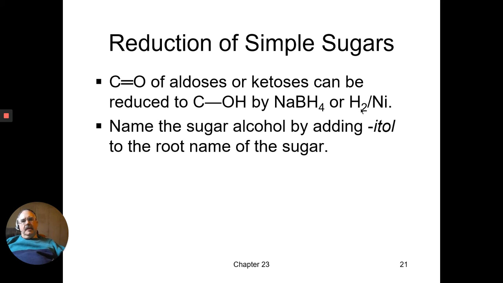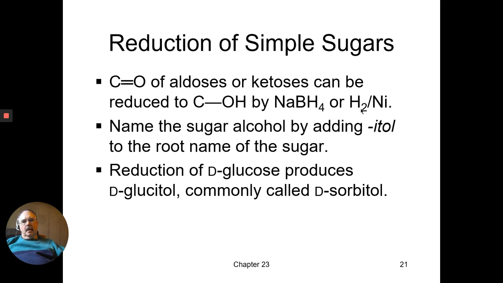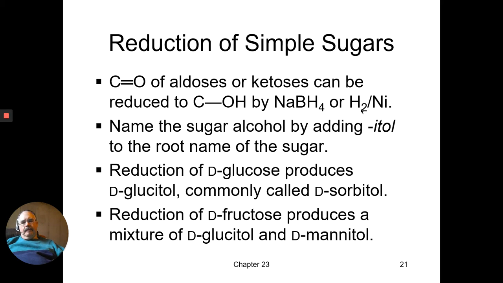For the resulting product, we name the sugar alcohol by adding -itol to the root name for the sugar. Reduction of D-glucose produces D-glucitol, which is more commonly known as D-sorbitol. Reduction of D-fructose produces a mixture of D-glucitol and D-mannitol.